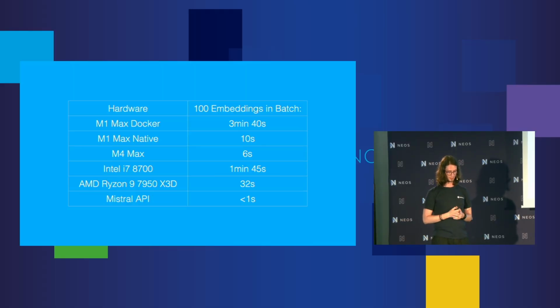But then I used the Mistral API and OpenAI and Anthropic, and creating those 100 embeddings took less than 1 second. And this is with the whole TCP connection building up, sending the request, processing it, and getting it back. This is the reason why we currently choose to use Mistral for our projects.